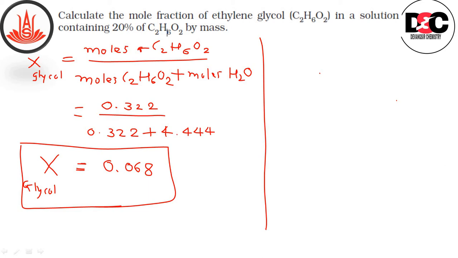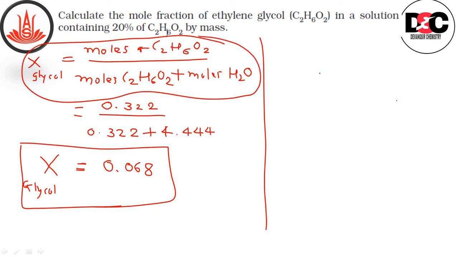Now from here there are two ways to find out the mole fraction of water. By using this formula also you can find it, but I am going to find it by the other method. We are aware that for the total mole fraction, there are two components, XA plus XB, the answer will be 1.